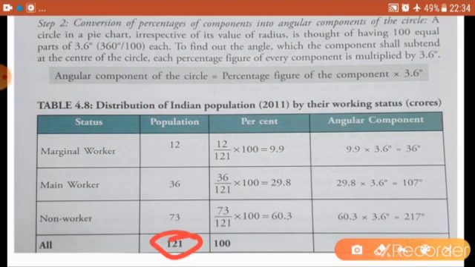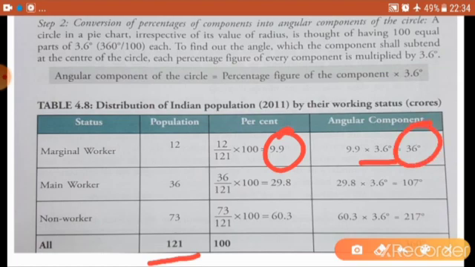The marginal worker 12 divided by the total, that is 121, into 100. What answer are we getting? 9.9 percentage. This 9.9 percentage is multiplied by 3.6 degree, so we will get 36 degree. Clear?